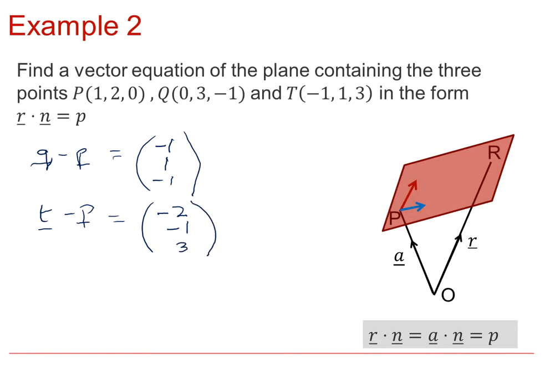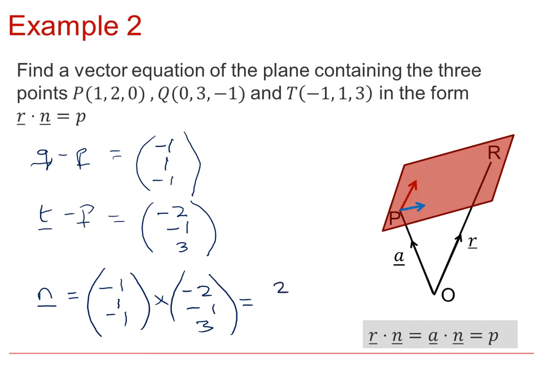Then to find a vector which is perpendicular to both of those, we would use the vector product. So n will therefore be this vector product, which will give us 2, 5 and 3.